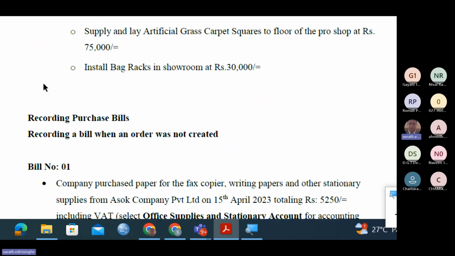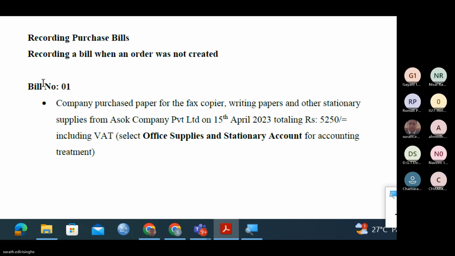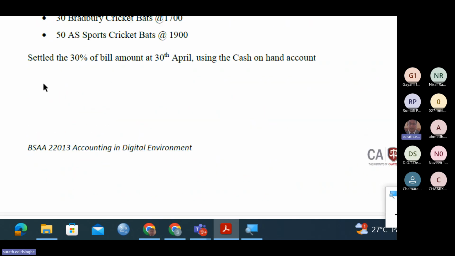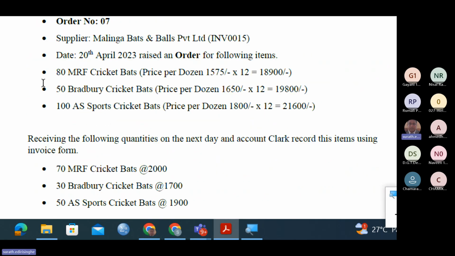Complete those transactions. Here a capital asset purchase and a normal day-to-day purchase are there. Try to complete these 3-4 transactions. During your recording, if you have any issues, you can ask a question.